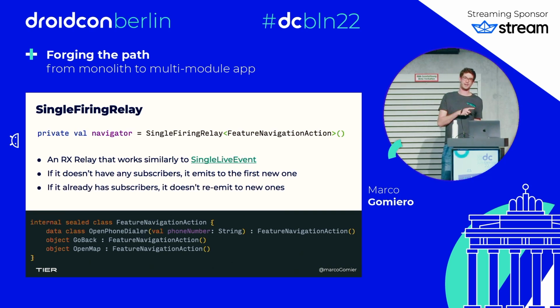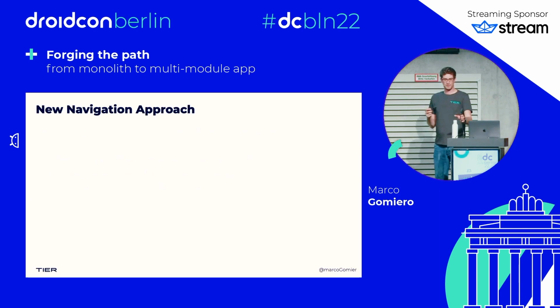But if there are already subscribers, then we don't re-emit things, so we don't take possession of the user device and just give random navigation. So this was our new approach that we decided to stick with.